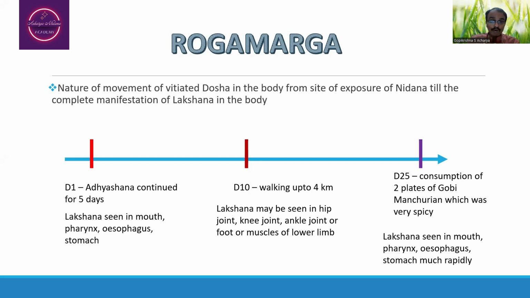Maybe the joints of the lower limb, the muscles, or the tendons or ligaments of the lower limb. That's why the lakshanas of the vitiated dosha are specifically seen in those organs only, not in the other organs. This is the importance of Rogamarga that we are able to learn.